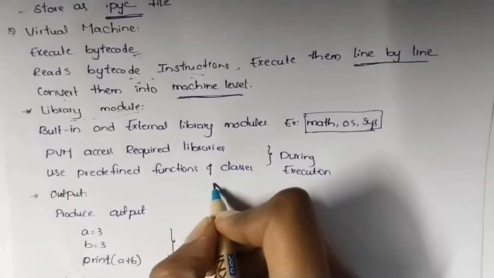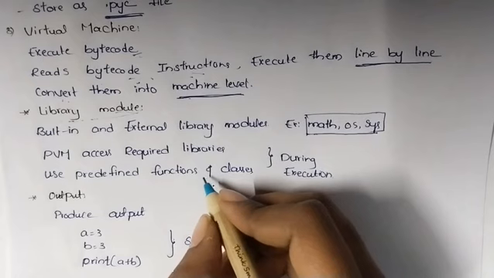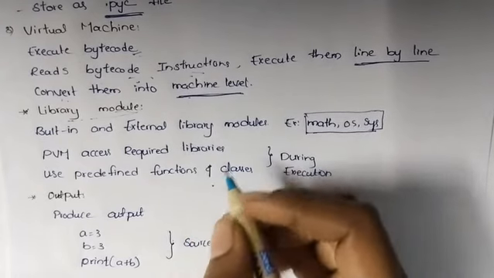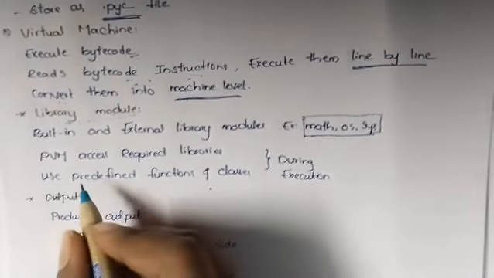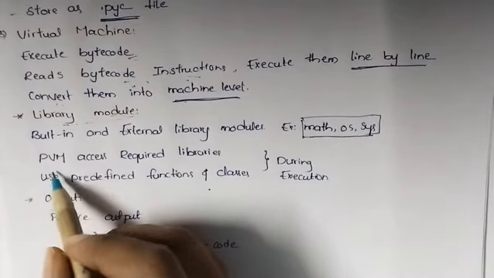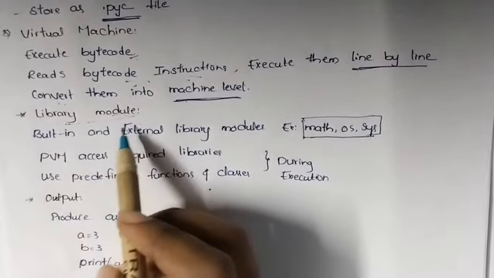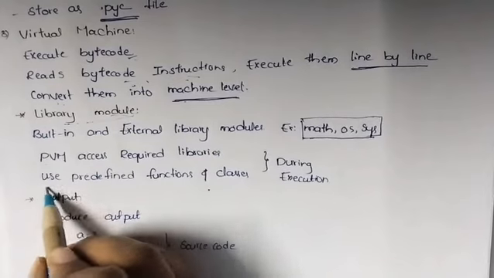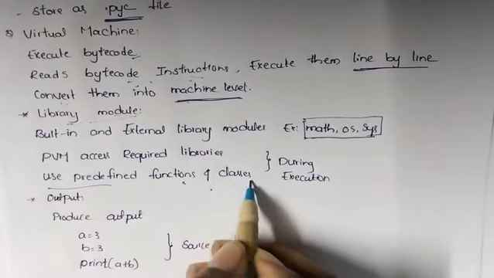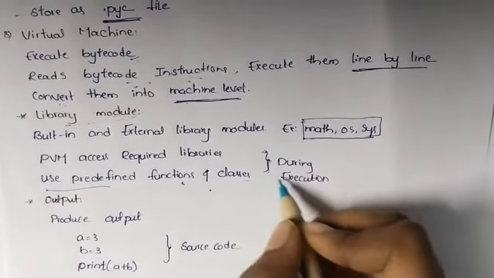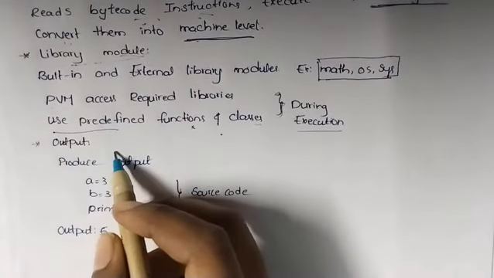We can use them when the virtual machine is executing. Whenever there is a need to access any library, it can easily access it through the library modules. It uses predefined functions and classes. This happens during execution.